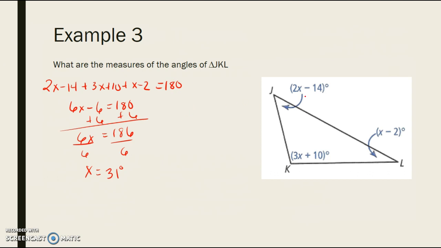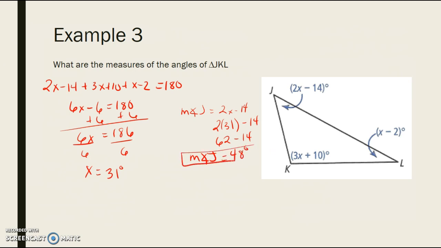So the measure of angle J will equal 2x minus 14. We know that x is 31, so we have 2 times 31 minus 14. 2 times 31 is 62, so 62 minus 14 gives us 48. So the measure of angle J equals 48 degrees.